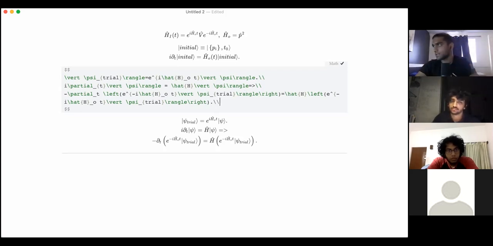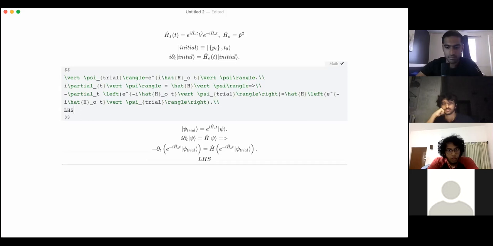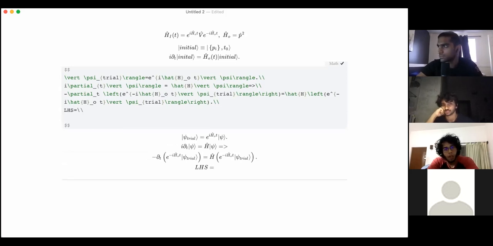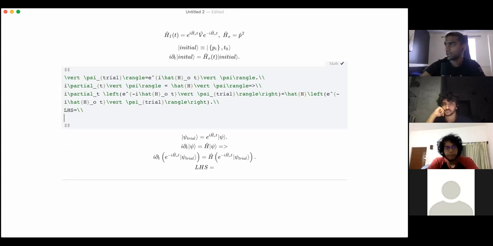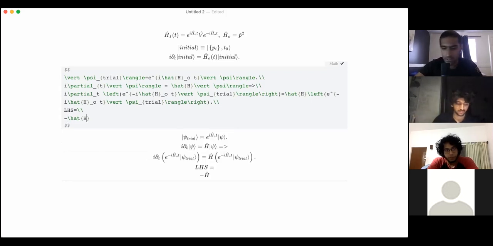The left-hand side equals, there's no minus, you said, right? No carrying minus, but there's an i. Now there will be a minus. H naught times this whole mess.